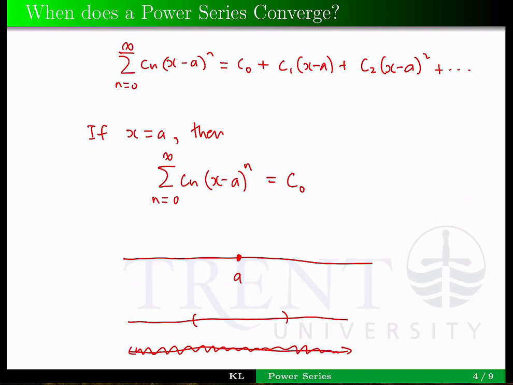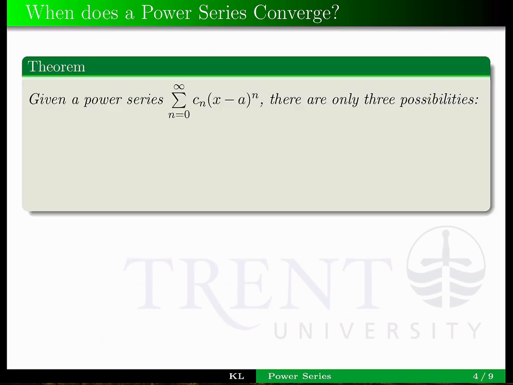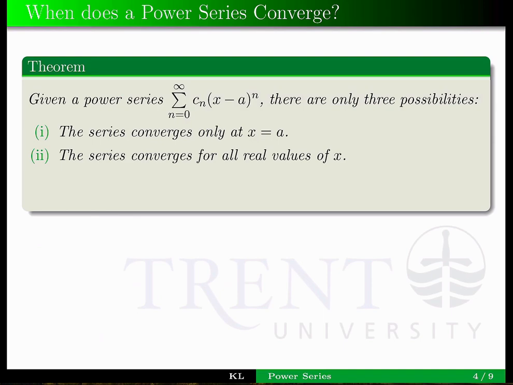So we summarize that into a single theorem. Given a power series, which is given by this one, there are only three possibilities. The first one, the series converges only at x equals a. That is the first case that we saw earlier. Second case is that the power series converges for all real values of x.